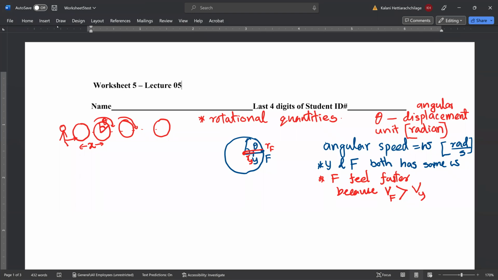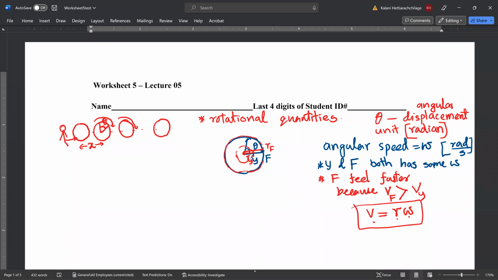Why? Because your friend is going around this larger circle, but you are going around this circle because you have a smaller radius, right? So this linear speed is related to the radius and omega. You see that when omega is constant, then R and V have a linear relation.